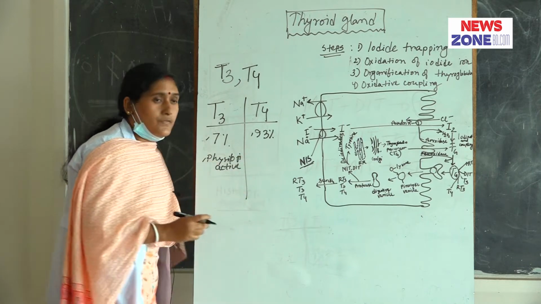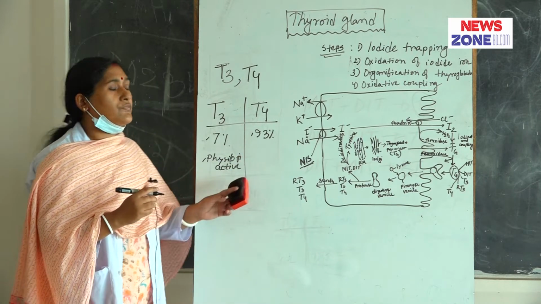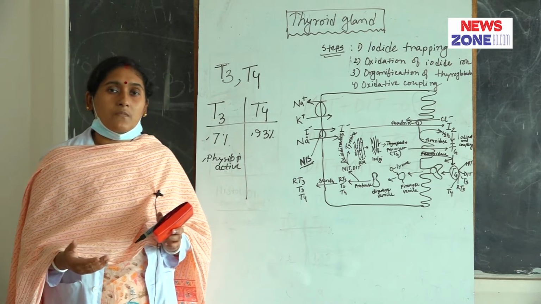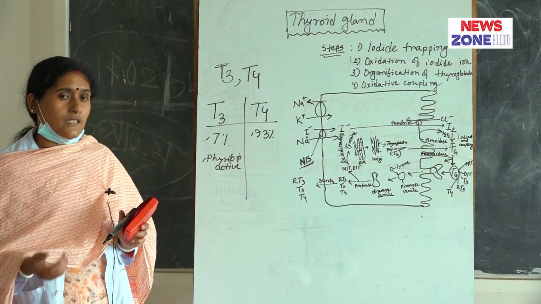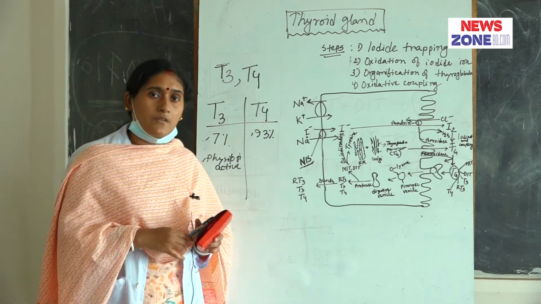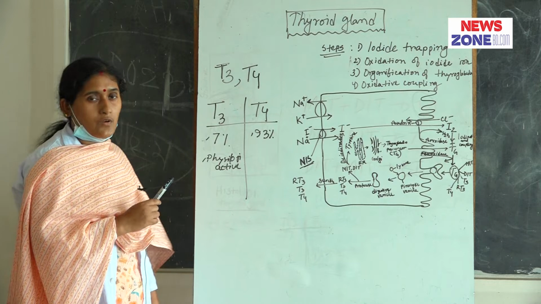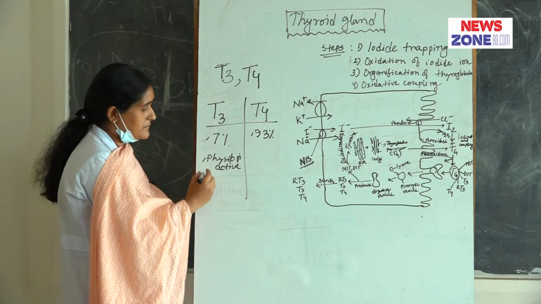T4 is not physiologically active, because all T4 is ultimately converted into T3, and then it performs the metabolic action or mechanism of action of thyroid hormone. So the physiologically active thyroid hormone is T3.